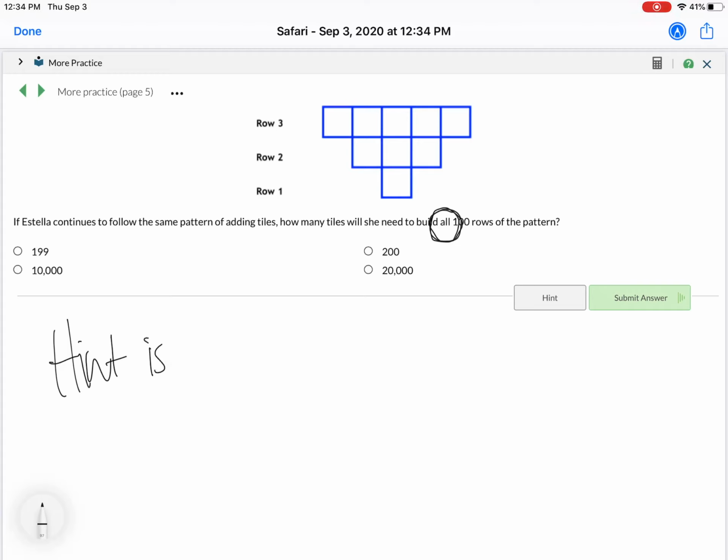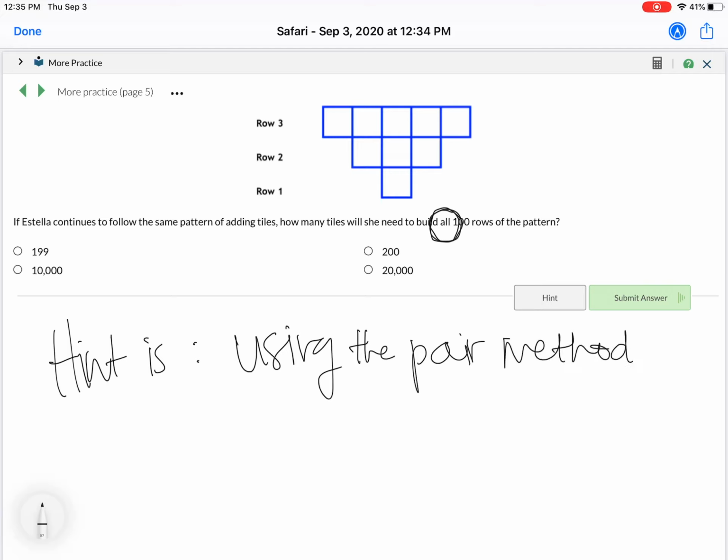Your hint is using the pair method, okay? It was used on page 11, so you can go back and look at that.